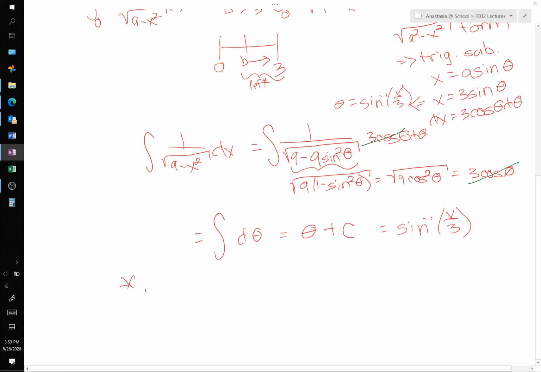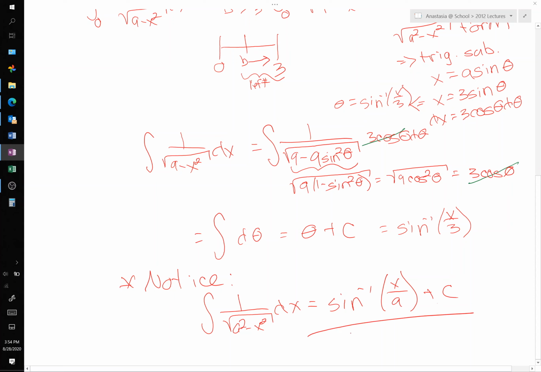Before we go anywhere, notice that the integral of 1 over the square root of a squared minus x squared dx is equal to the inverse sine of x over a plus c. This is a direct antiderivative, which means you can memorize it, but it is not the easiest to remember.